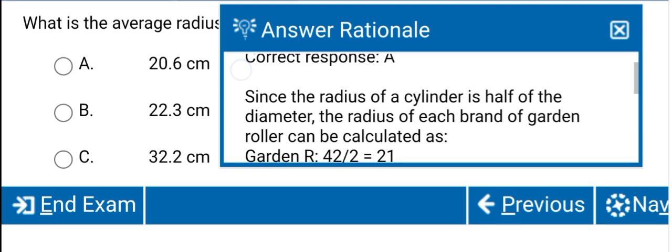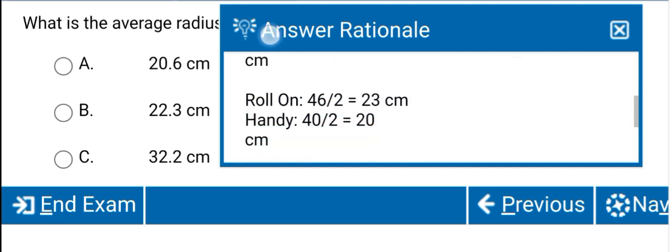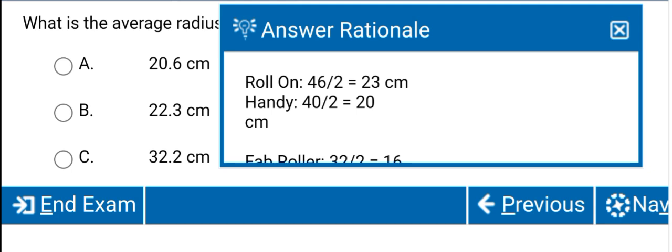Since the radius of a cylinder is half of the diameter, the radius of each brand of garden roller can be calculated as follows. Garden arm, 42 by 2 equals 21 centimeters. Roll-on, 46 by 2 equals 23 centimeters.